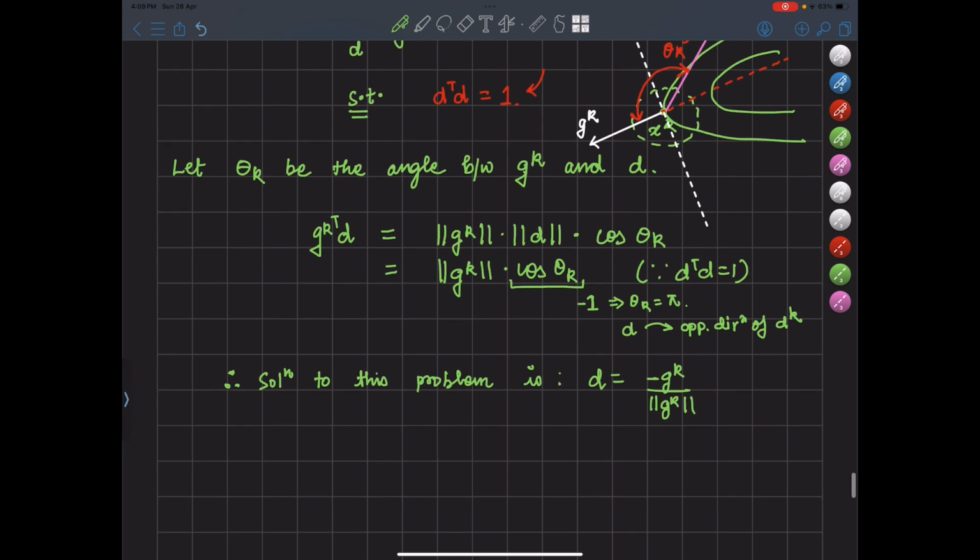So basically if we assume the function to be linear, if we approximate it linearly, then the maximum decrease will happen when the direction in which we descend is the opposite direction of the gradient, and this method is called steepest descent direction.